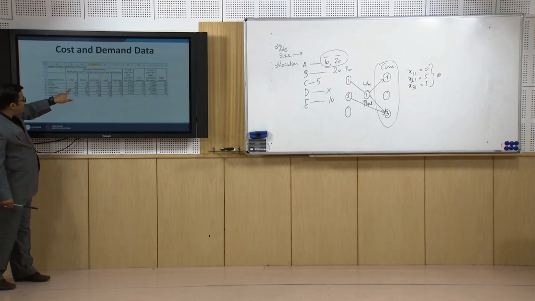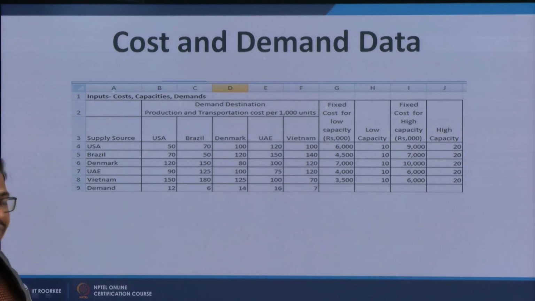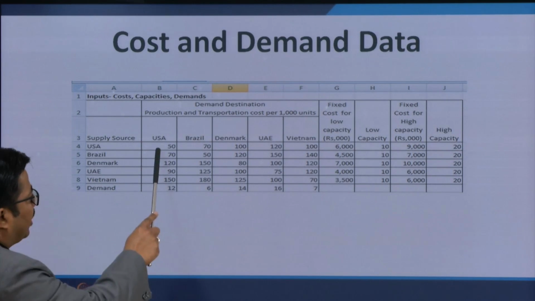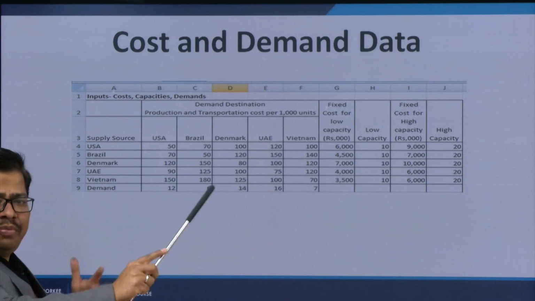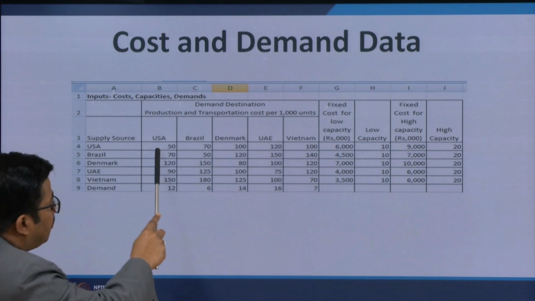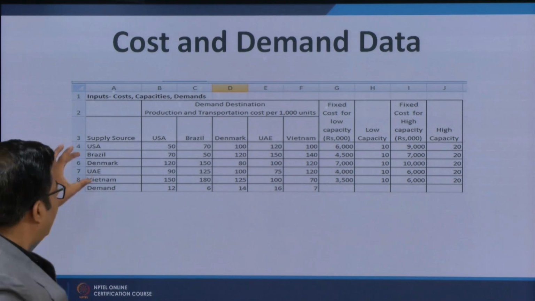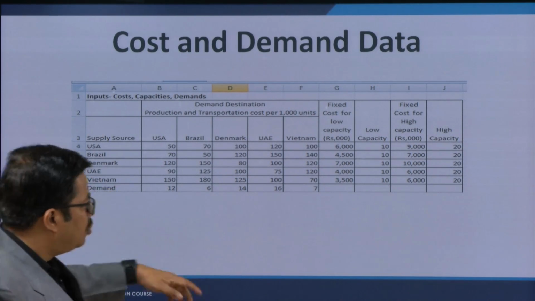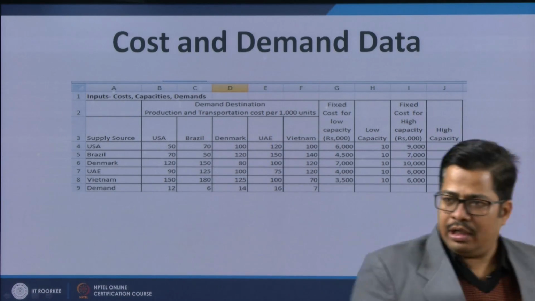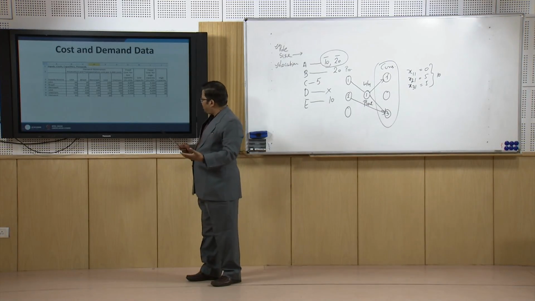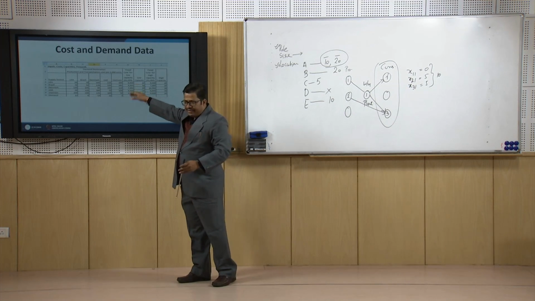From Denmark to USA it is 120 rupees. This includes cost of production as well as transportation. And from UAE to USA it is 90, Vietnam to USA it is 150. So this data is available for all combinations in B4 to F8. At USA to Vietnam, you can open either a low capacity plant or a high capacity plant, and the fixed cost is given.